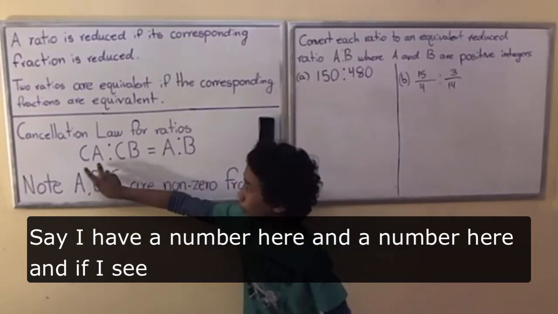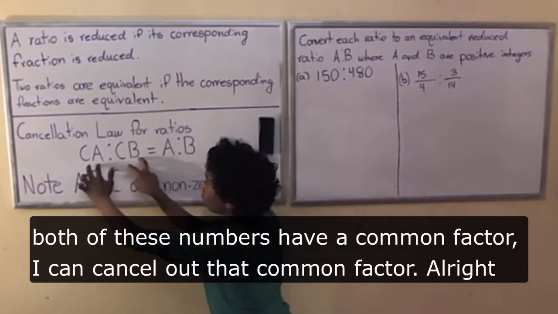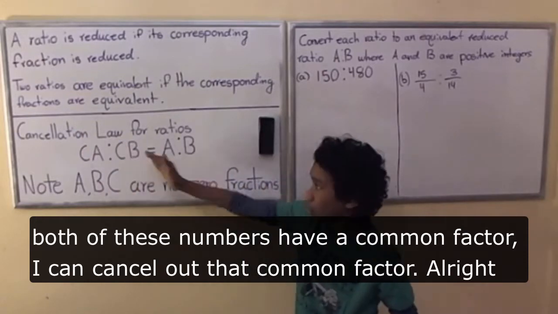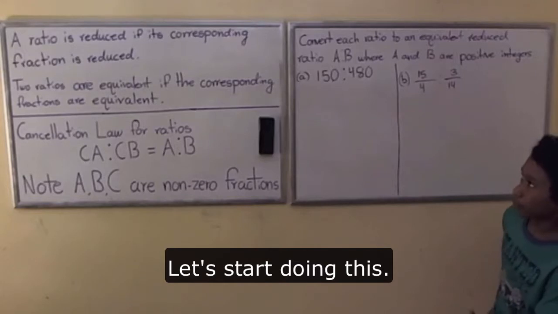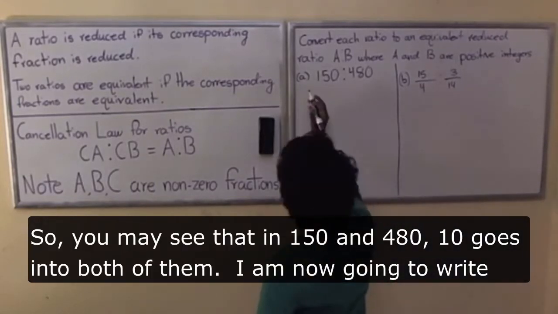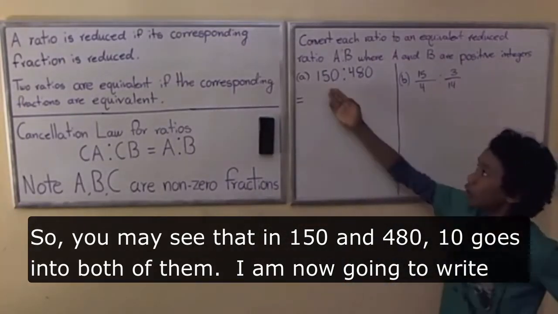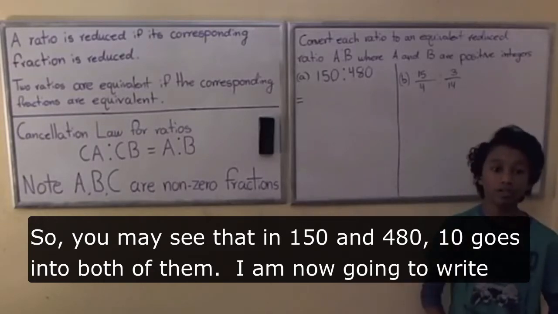Say I have a number here and a number here. If I see both of these numbers have a common factor, I can cancel out that common factor. All right, so let's start doing that. You may see that in 150 and 480, 10 goes into both of them.